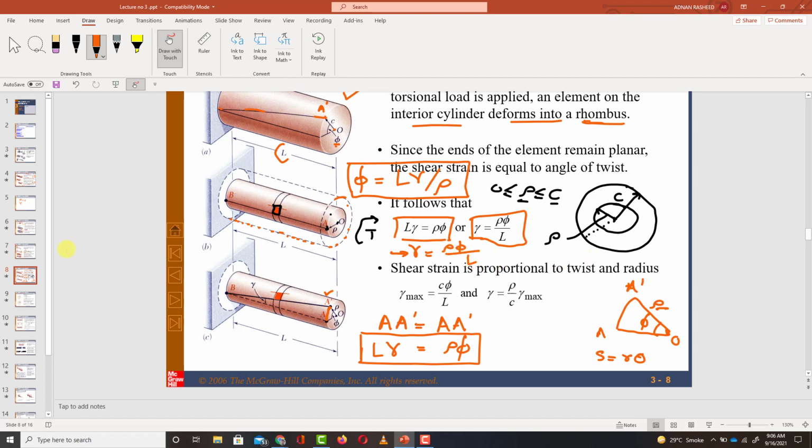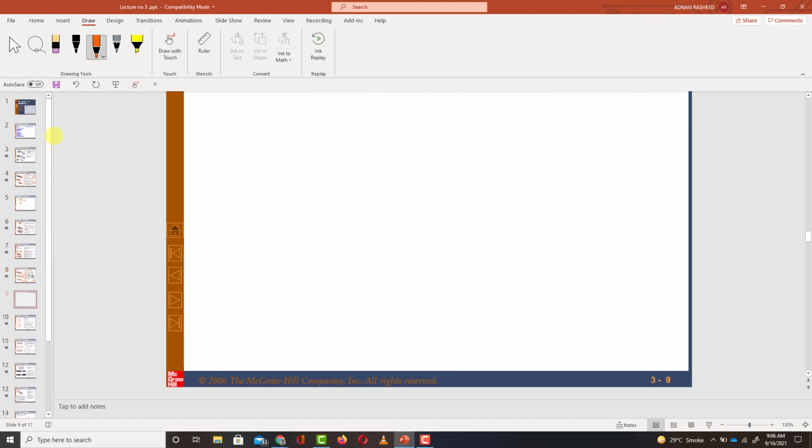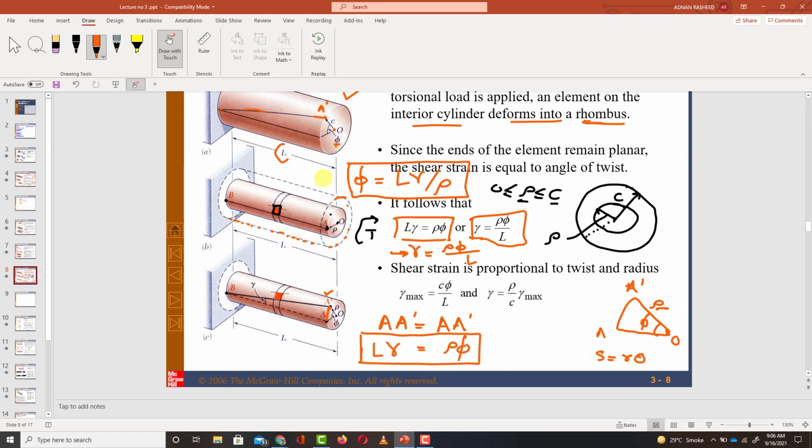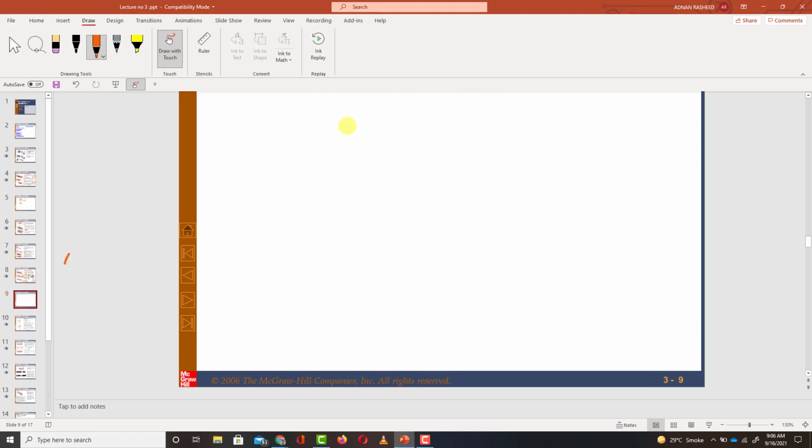Now you can see, I will write this equation. L into gamma is equal to phi into rho. From that we write that angle of twist is equal to L into gamma over rho.